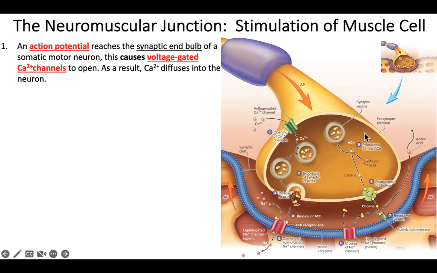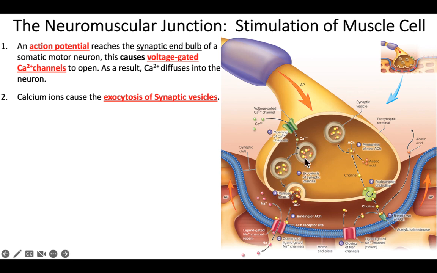All right, inside this end bulb are what's known as synaptic vesicles. These are synaptic vesicles. They're basically containers of neurotransmitter. So these little yellow and orange spheres in here are the neurotransmitter that's going to stimulate skeletal muscle. And that neurotransmitter has to get exocytosed.